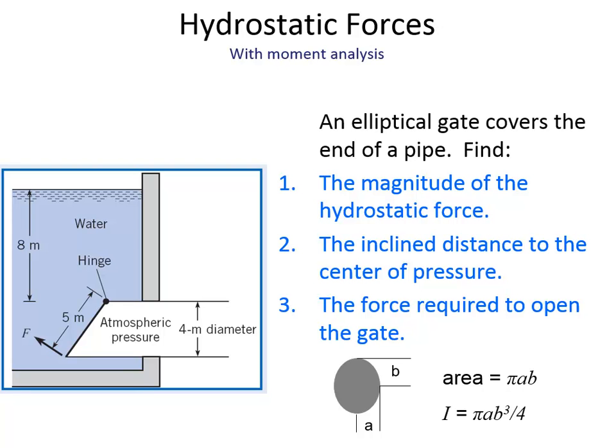So instead of finding where is the force located relative to some water surface, it's going to tell us where is the force relative to something on the plate itself. So when we get back together on Thursday, we're going to continue this example from this point. We're going to talk about why this form of the YCP equation is most useful.